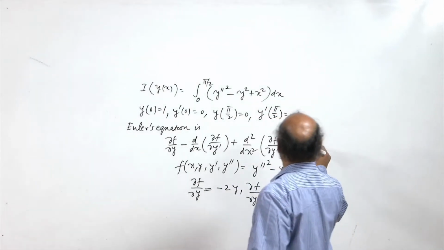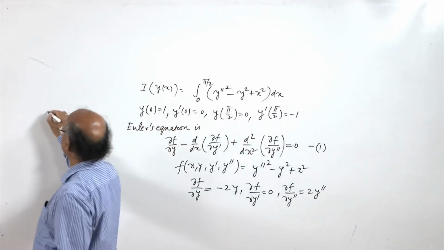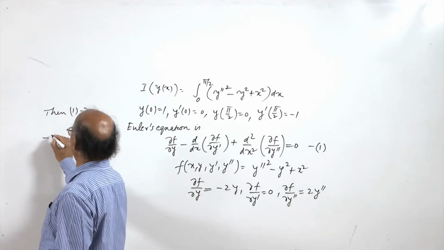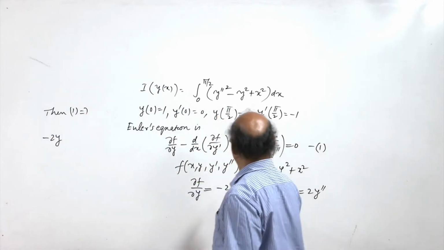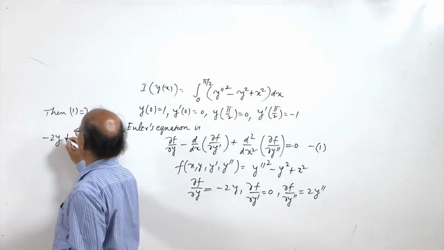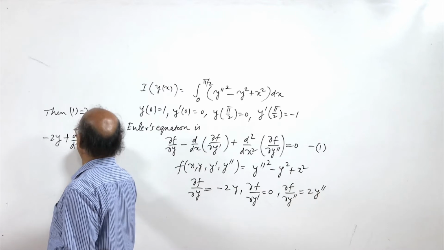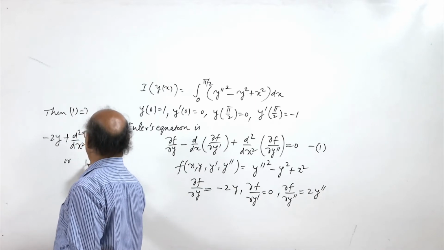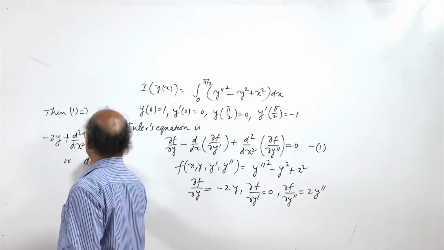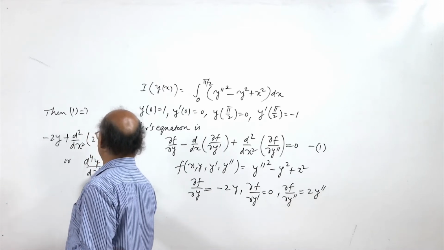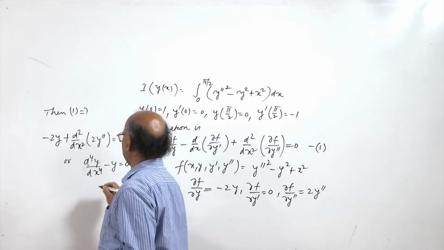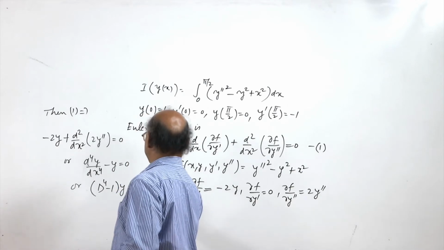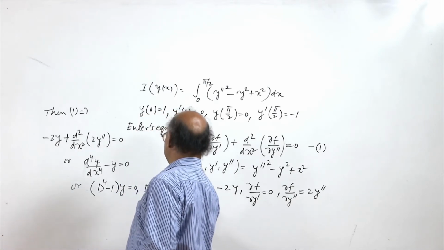Let us put in equation 1. So equation 1 gives minus 2y, this term is 0, plus d square over dx square of 2y double dash equal to 0, or we can say d4y over dx4 minus y equal to 0, or we can say (D4 minus 1) y equal to 0, where D is the differential operator d over dx.